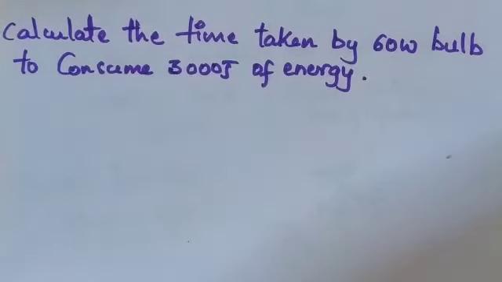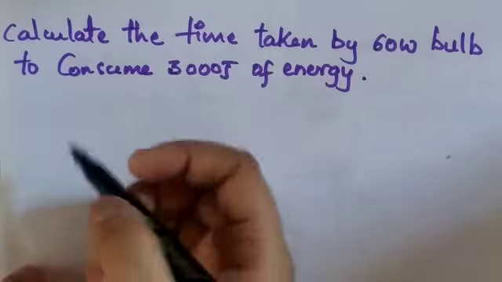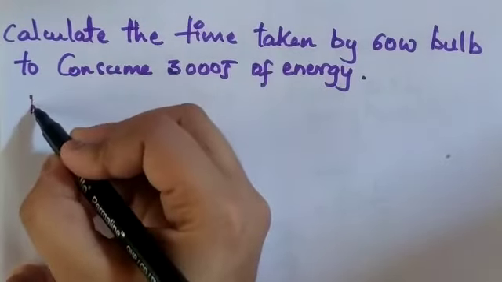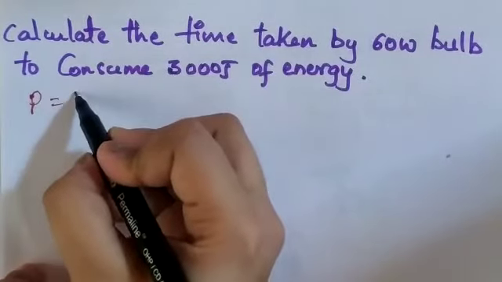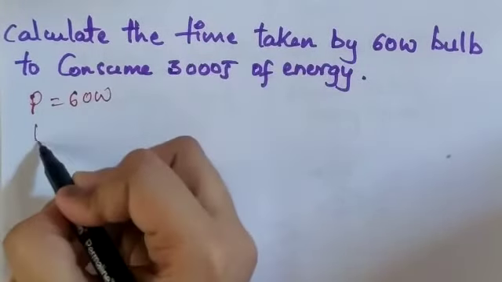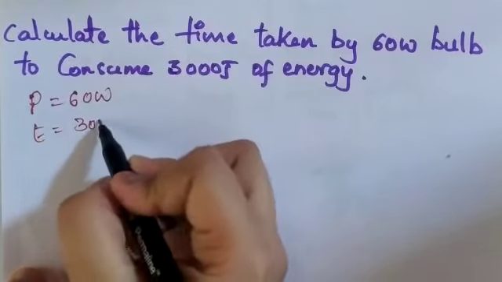So the next problem is, calculate the time taken by a 60 watt bulb to consume 3000 joule of energy. So time we have to find. Given power is 60 watt and energy is 3000 joule.